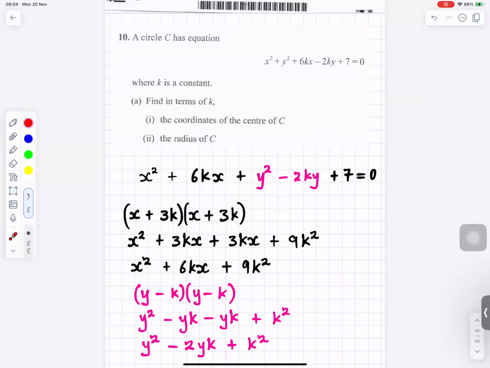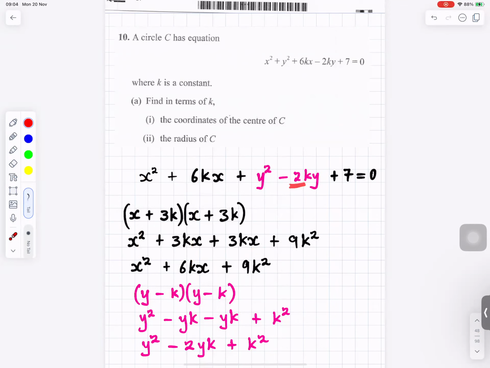And I think of half of 6k is 3k. So we want to make this x plus 3k, x plus 3k. When you expand that, it gives you that expression. So we got the x squared, we got the 6kx, but we got the extra. This 9k squared is extra. We do the same.